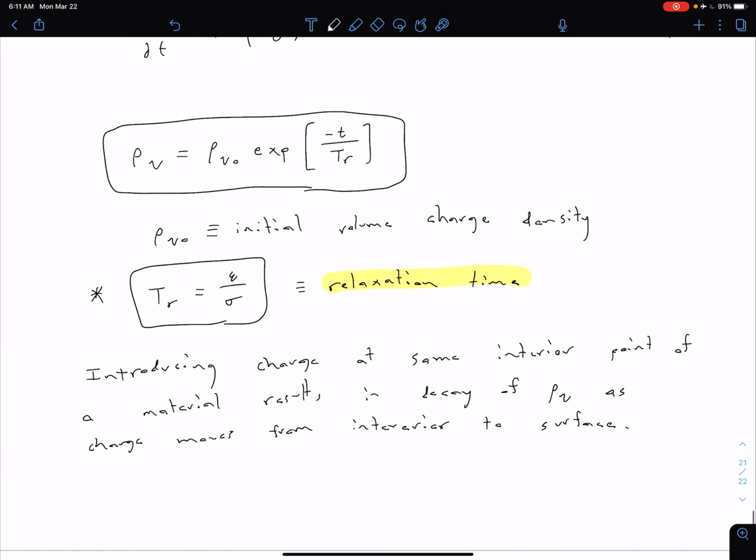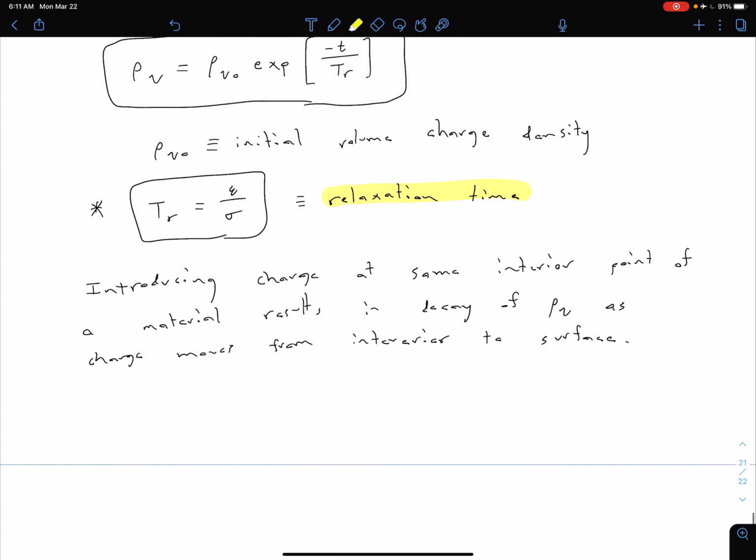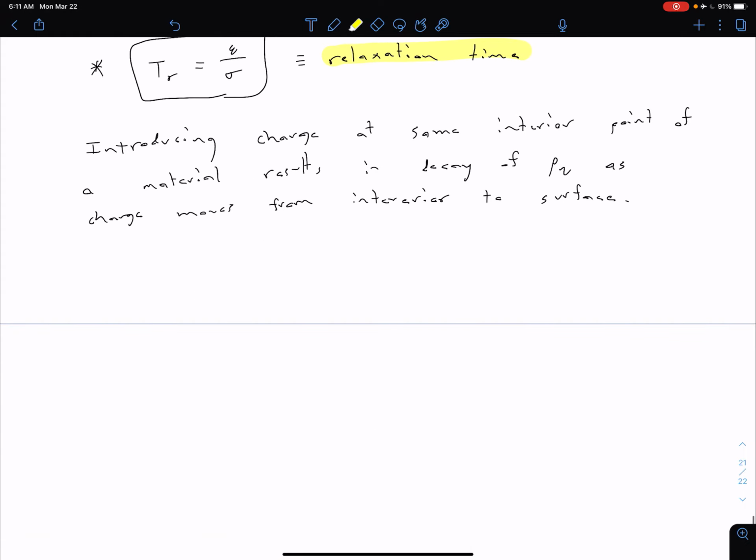Okay, so we can talk about rough time. This T sub r right here gives us an idea of how quickly this is happening. For a good conductor, a really good metal, we're going to have a short relaxation time, so short T sub r.